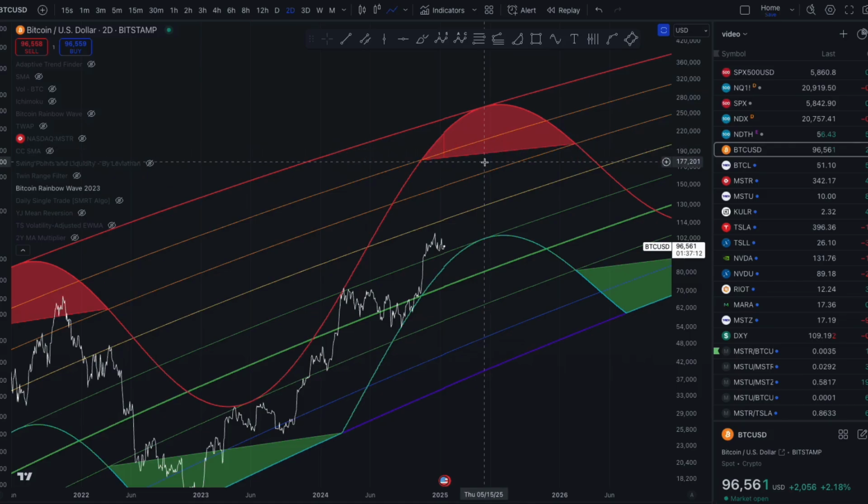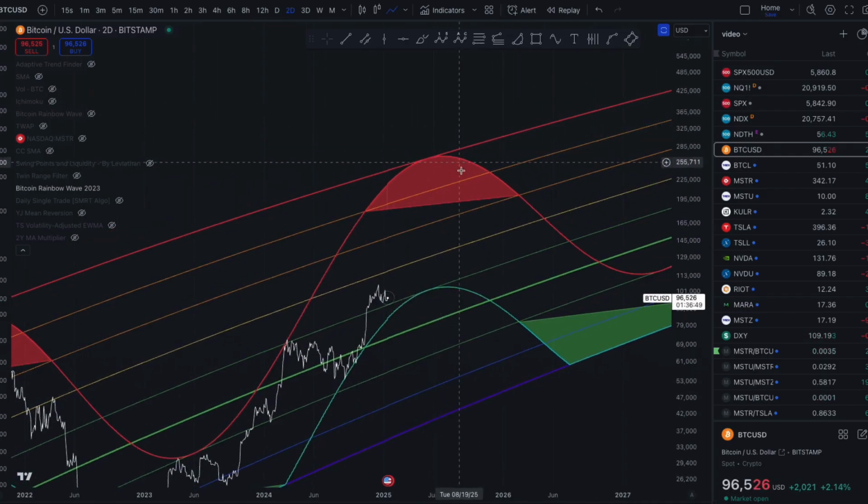And so 150K would put us right here, maybe in May 15th. 200K would put us right here, in June or July. 250K, we're kind of pushing it with 250K, but September, October area. Then 300K, that's outside this range, it's up here. Not saying it's not possible, but we would have to see a very extended move, which is possible, right? But I also think this indicator should be respected.